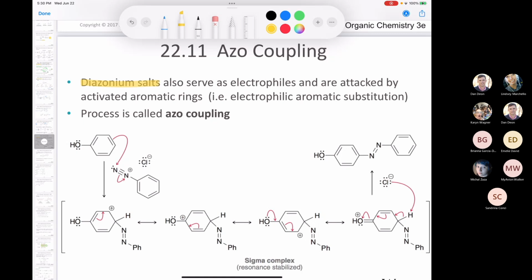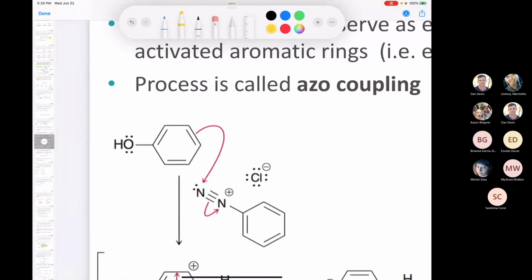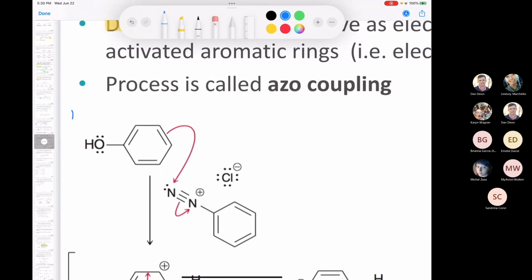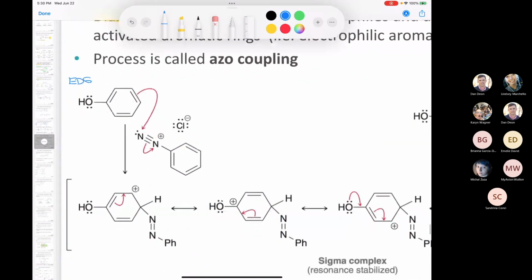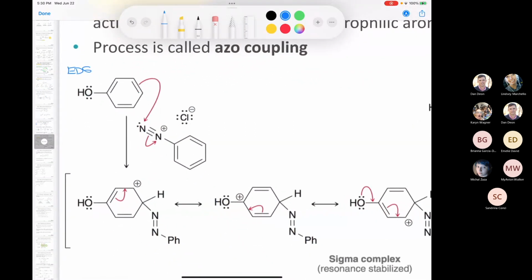This goes right back to your chapter 18 days. If you take an aromatic ring that has an electron donating group on it, so some kind of activator, that can act as a nucleophile towards the diazonium ion, and it gives you a sigma complex.